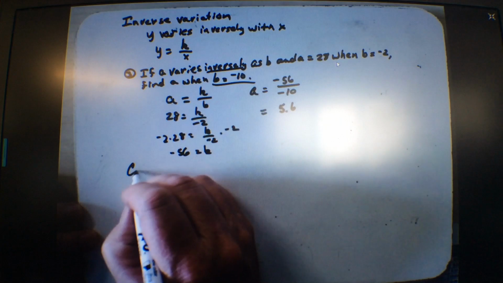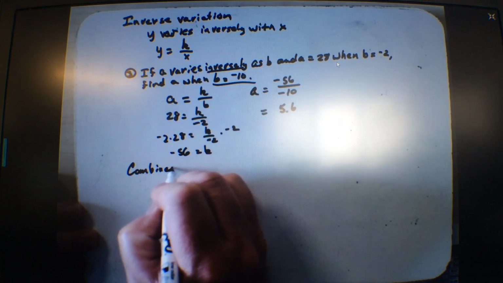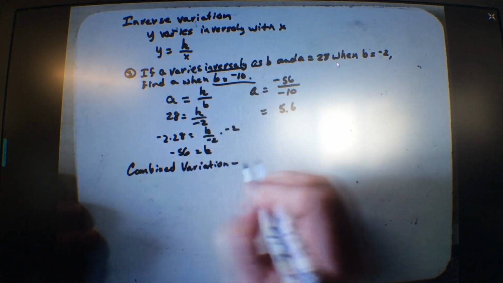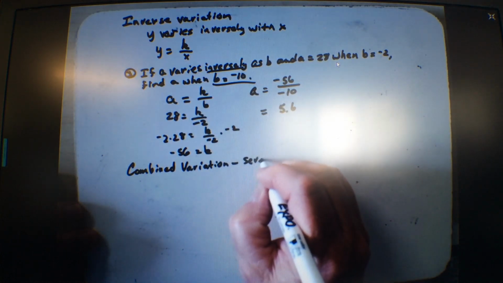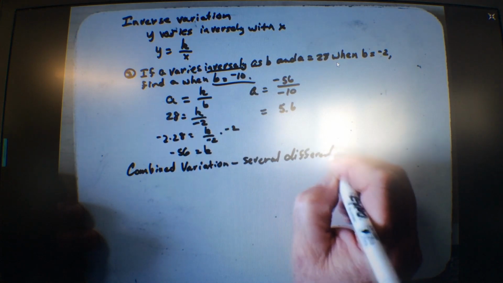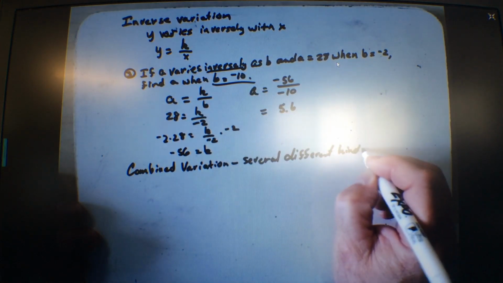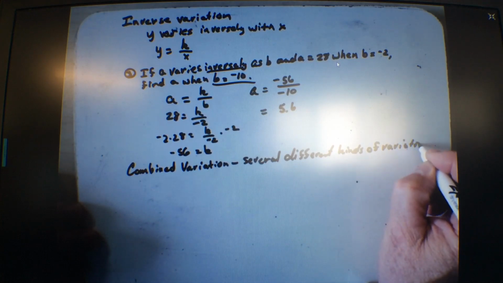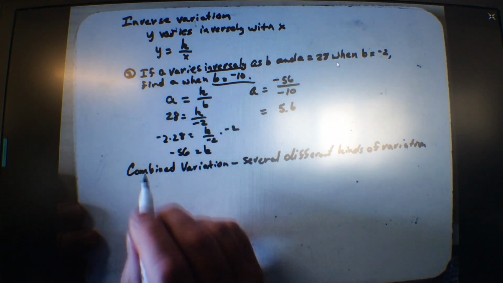Now, we have this thing called a combined variation, which is exactly what it says. We have several different kinds of variation. So I say this.